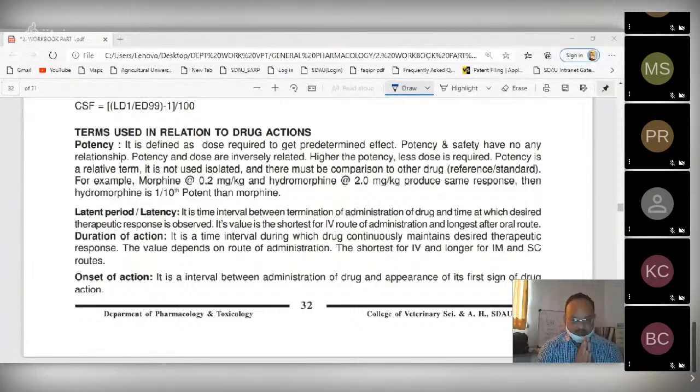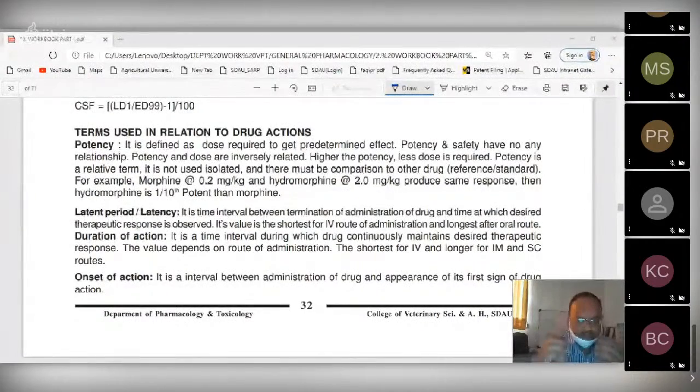Say, for example, if you take the example of paracetamol. If somebody is suffering from fever, then we will determine that if the temperature drops by this much, then it is okay.